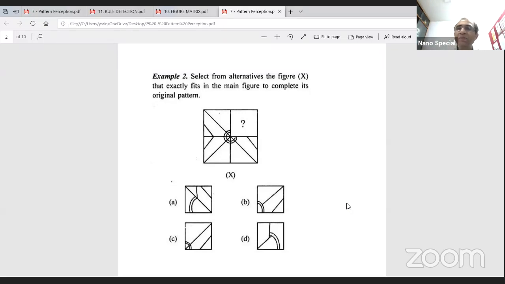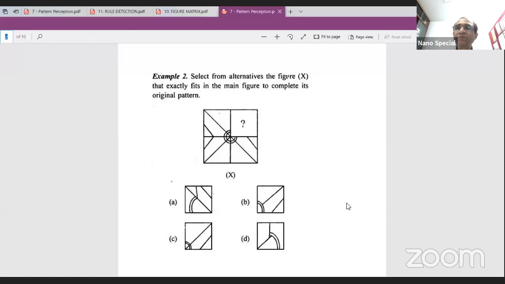So this is very simple in the sense that you need to have one line which goes from here. There should be a line for symmetry because we are talking about two lines intersecting perpendicular to each other.